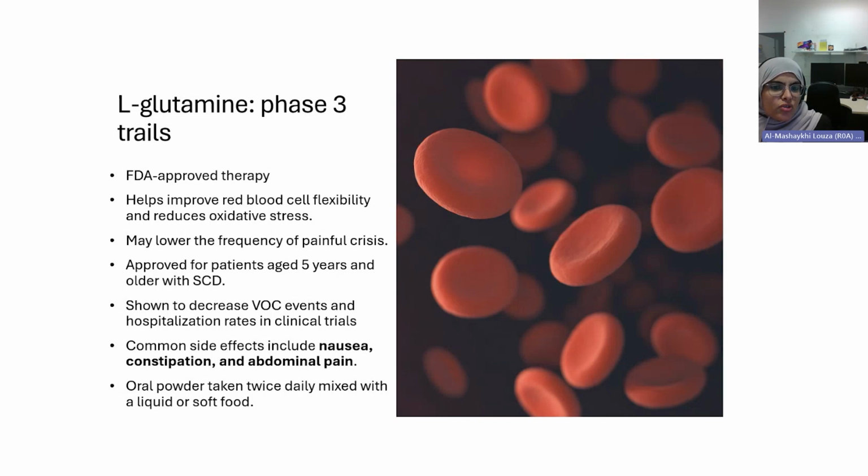And it has been shown to decrease painful crisis events and hospitalization rate in a clinical trial. The common side effects are usually nausea, constipation, and abdominal pain. So the patients tolerate the L-glutamine. It comes as an oral powder, can be taken twice daily, mixed with liquid or soft diet, but it is not available in the NHS. Next slide.